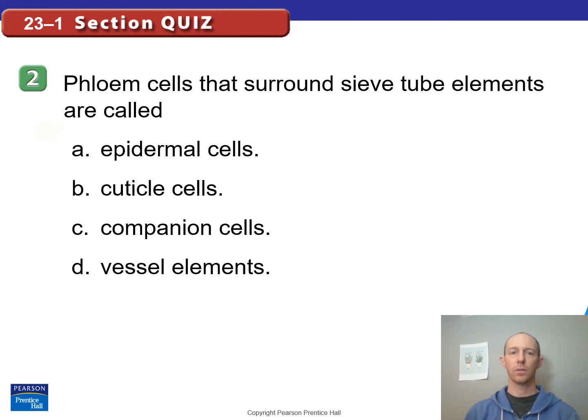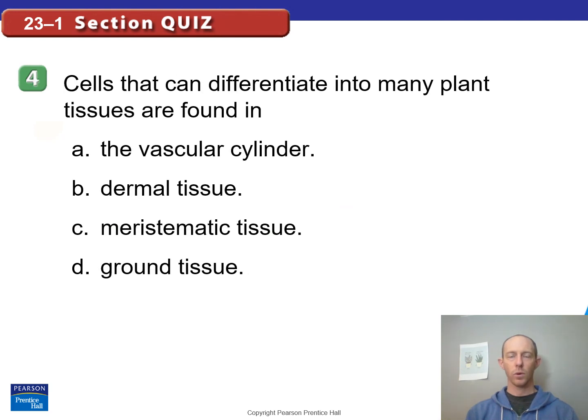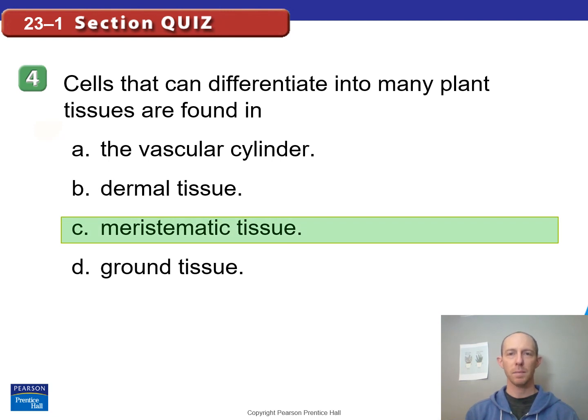Of our two cell types that make up phloem cells, we've got sieve tube elements and then the boys that help them out. That's right, companion cells. You've done it. What are the cell types that can turn into any other cell type, depending on their situation? Yup, meristem, meristematic tissue. Yes.